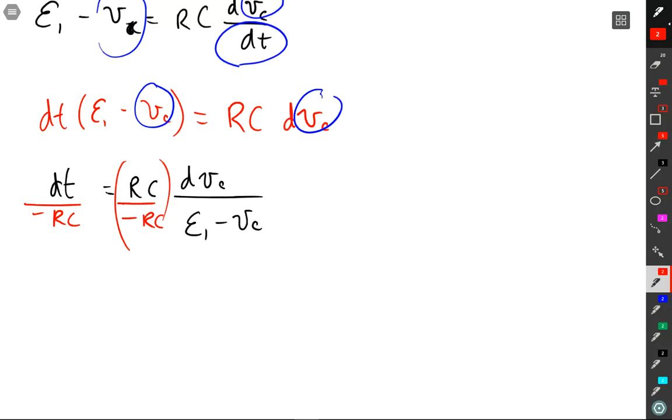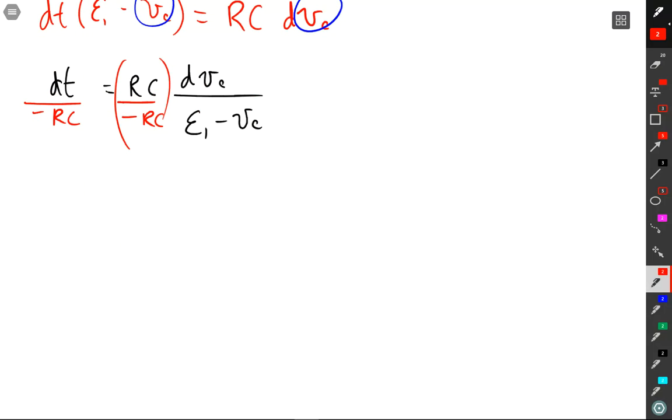You don't even have to divide by RC, it's just a common thing. So what I have now is minus 1 over RC dt equals dVC over VC minus E1.